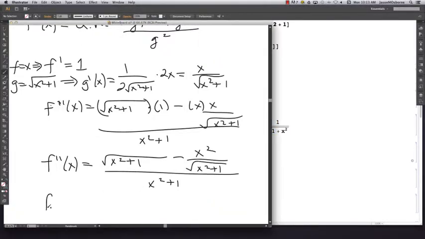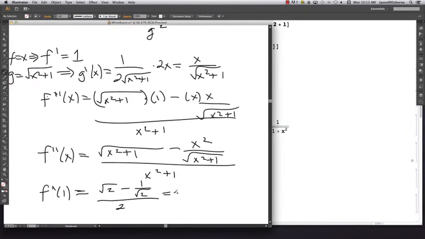But no matter which form you put, f double prime of 1 would be the square root of 2 minus 1 over the square root of 2, all over 2. And that simplifies if you get a common denominator: the square root of 2 times square root of 2 over square root of 2, minus 1 over square root of 2, over 2.